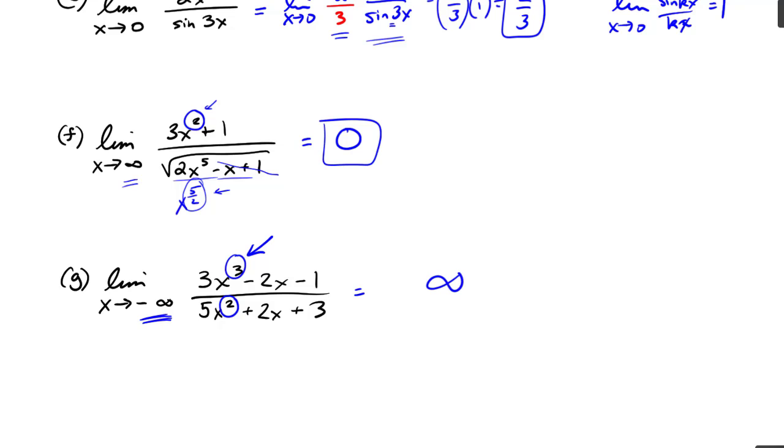But now I have to check the signs of my terms. I'm going to negative infinity. On top, the x cubed will still be negative. Okay, so I'm going to get negative numbers up there. On the bottom, x squared is going to be turned positive, so I get positive down there. So I have a negative over a positive, so I'll overall get a negative, hence negative infinity.